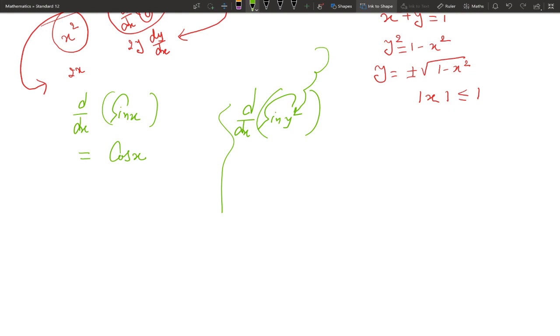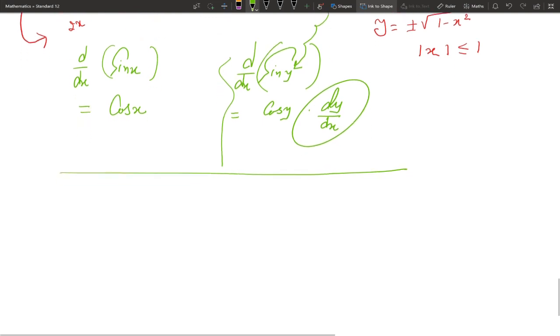So when you differentiate sin y, its derivative is cos y, and since y is an implicit function of x, by chain rule you have to differentiate y with respect to x, so into dy by dx. This is the difference between the derivative of sin x with respect to x and the derivative of sin y with respect to x.